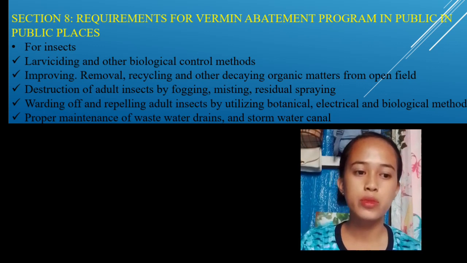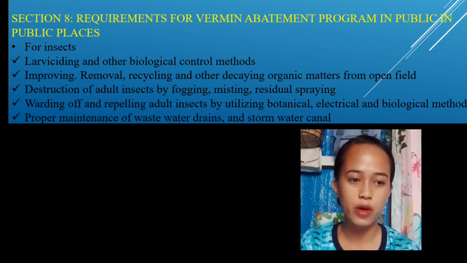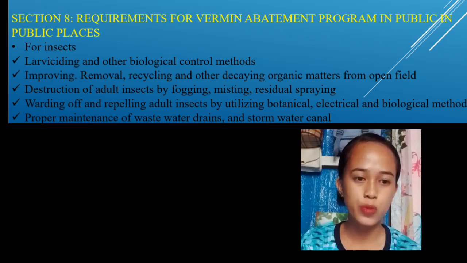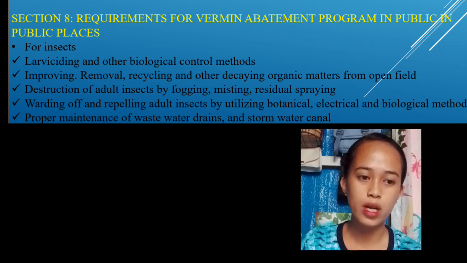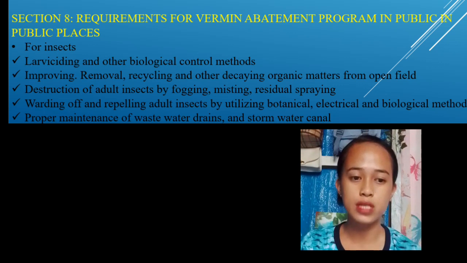Improving removal, recycling, and disposal of decaying or organic matter from open fields. Destruction of adult insects by fogging, misting, and residual spraying. So we need to use spraying or fumigation to weaken or kill the adult insects, the mothers or even the fathers.